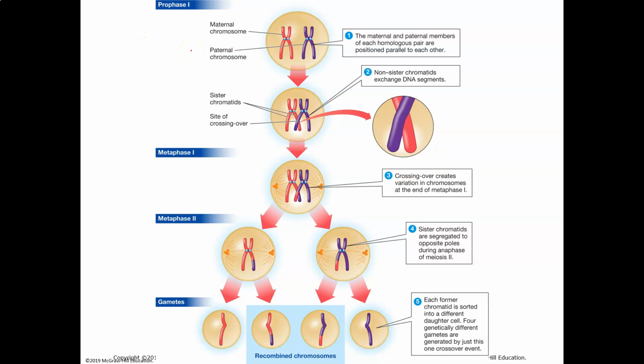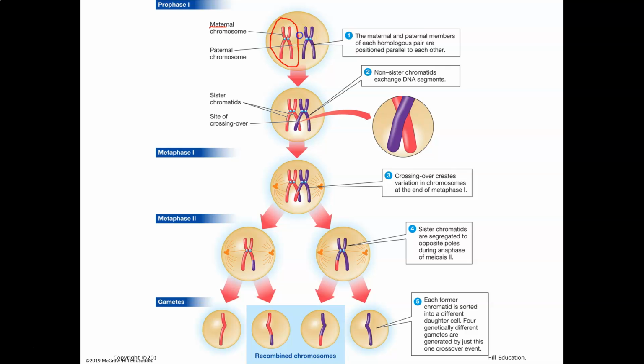Now, meiosis, this is where meiosis differs from mitosis. In meiosis, you're going to take, these are the doubled up chromosomes. So we're saying, in this particular case, this one is the doubled up maternal chromosome, that comes from mom.